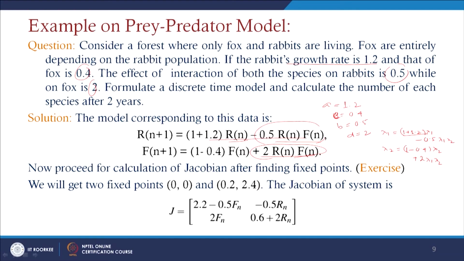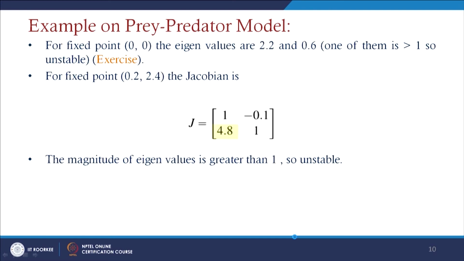Differentiating the first equation with respect to R_n, we find 2.2 minus 0.5 F_n, since this is the sum, and with respect to F_n we find minus 0.5 R_n. Similarly, differentiating the second with respect to R_n gives 2 F_n, and with respect to F_n gives 0.6 plus 2 R_n. For the fixed point (0, 0), the eigenvalues are 2.2 and 0.6.